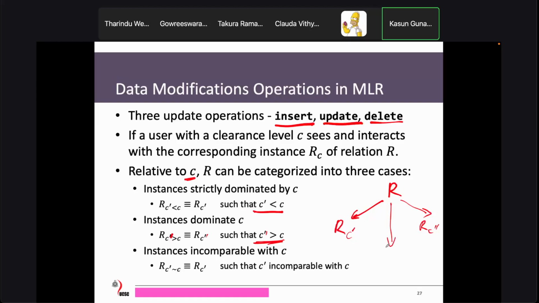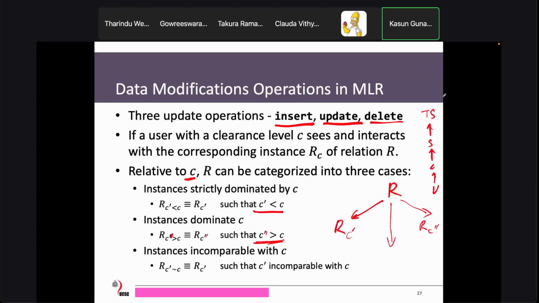Third, which we did not discuss a lot, is that there can be incomparable instances. In a typical classification hierarchy, we took it as top secret, secret, confidential, and unclassified.